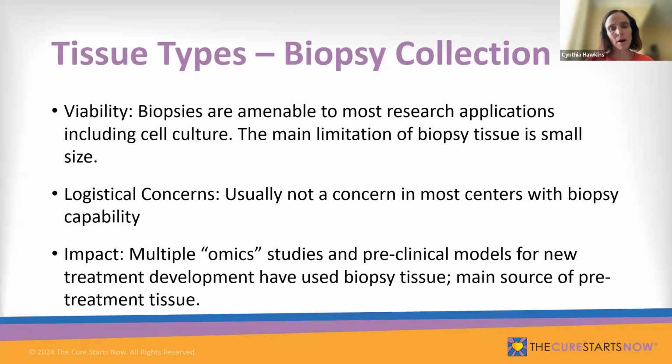So the first is biopsy. That would be if a patient received a biopsy, usually at the time of diagnosis. Those, in terms of viability, are really amenable to most research applications. In other words, that tissue tends to be very good quality, including for cell culture. The main limitation of biopsy is they tend to be small.